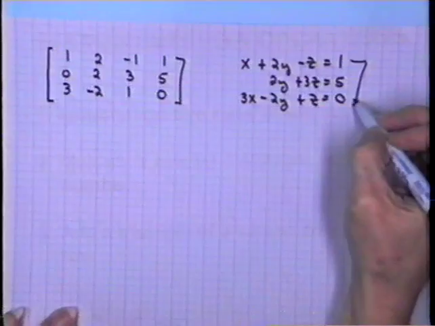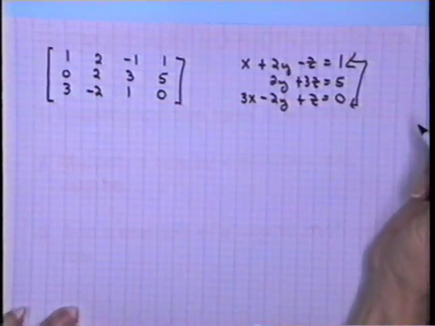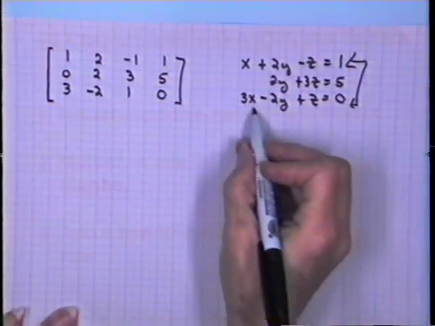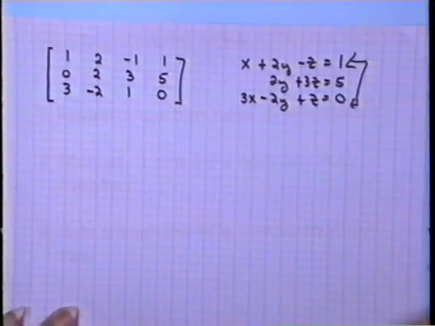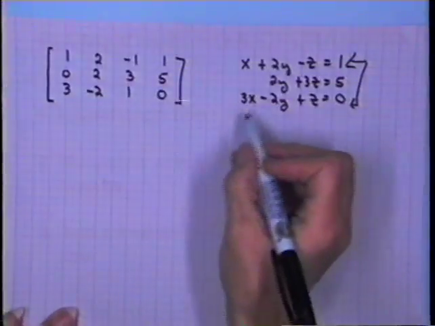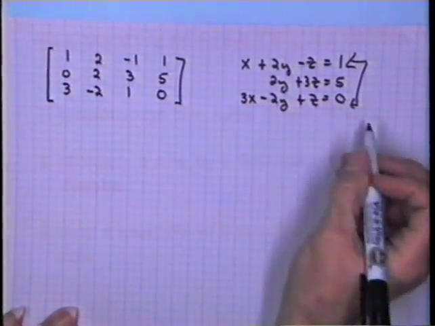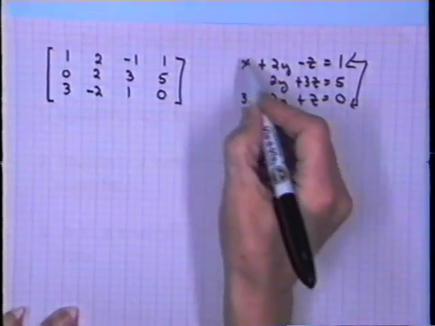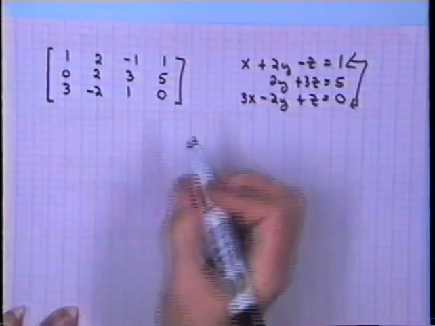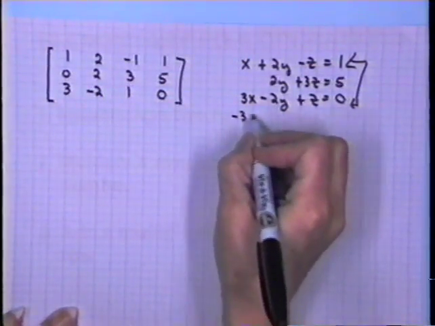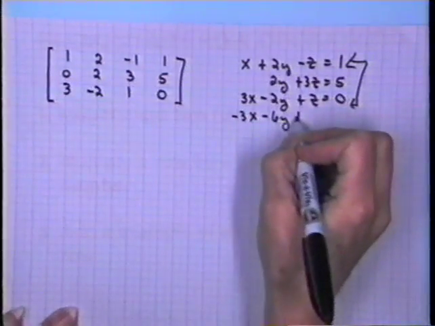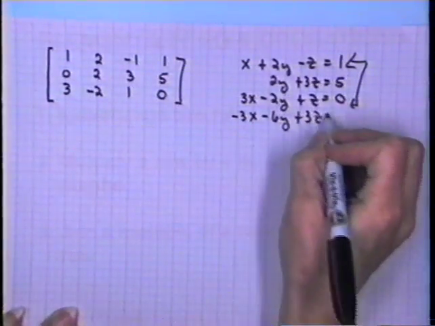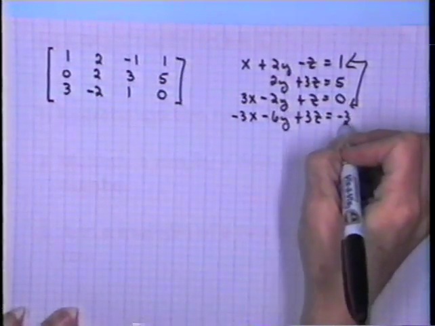Well, if I take these two equations right here, I can eliminate x if I multiply this first equation by -3 and add the results to this third equation, right? If I multiply this top equation on both sides by -3, I get -3x, -6y, plus 3z equals -3.